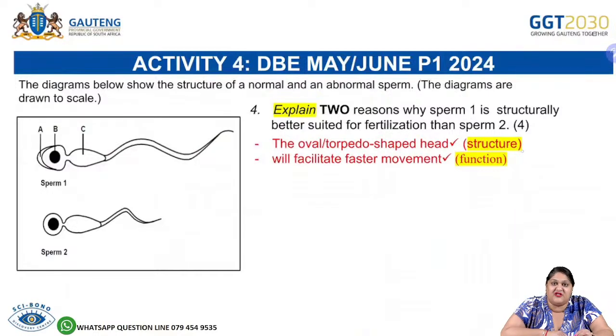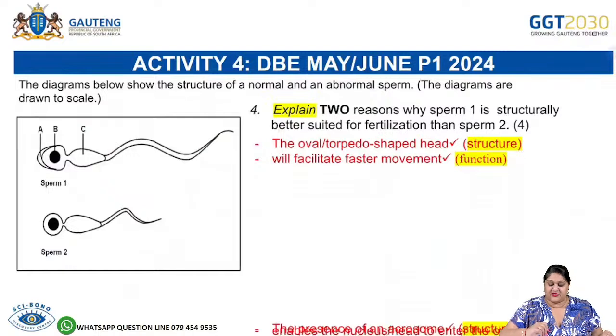But you cannot just mention those structures that you know is what a normal sperm must look like. You also need to explain why, because they want to know why it is better suited. So you need to say it's got the torpedo-shaped head, and what does that enable it to do? It will facilitate faster movement because of the streamlined shape, okay?